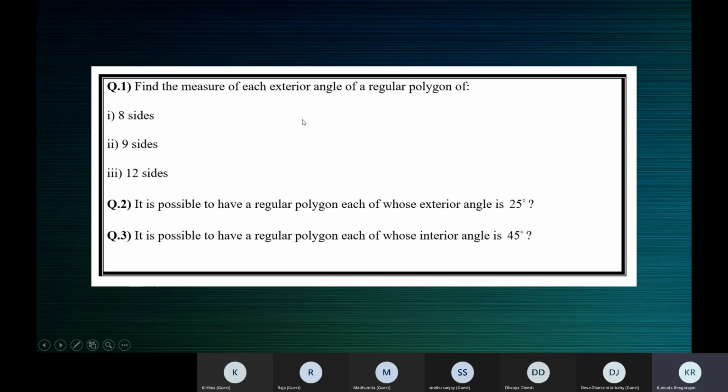Okay, let's try another one, children. Question number 1, second subdivision.